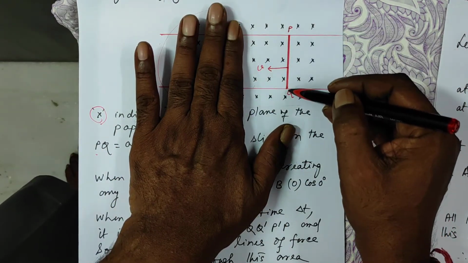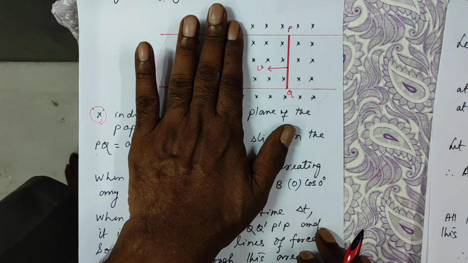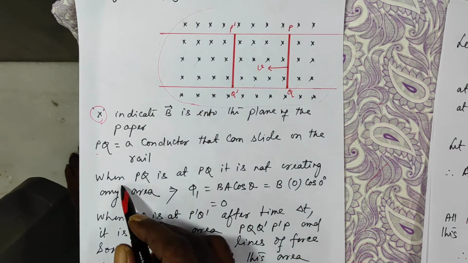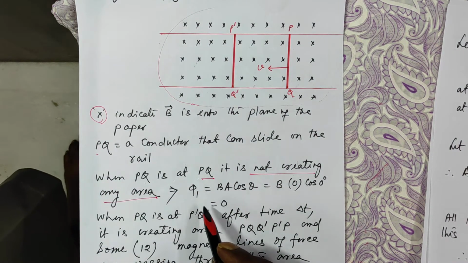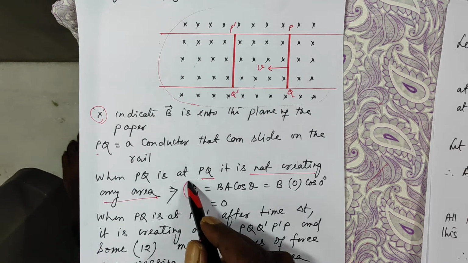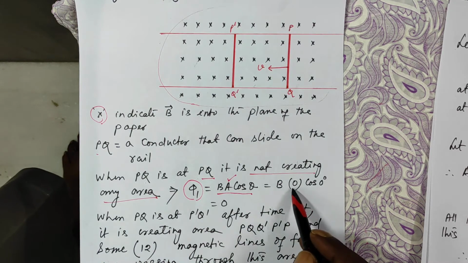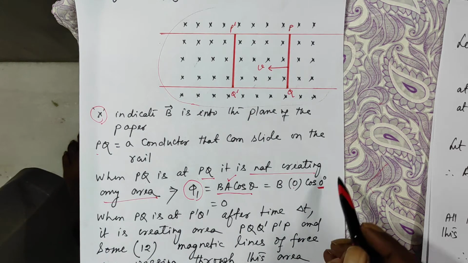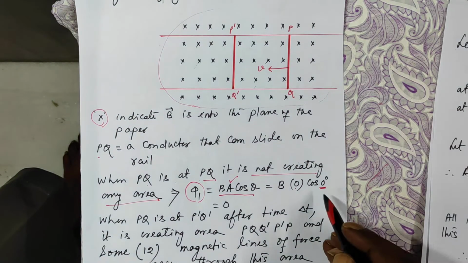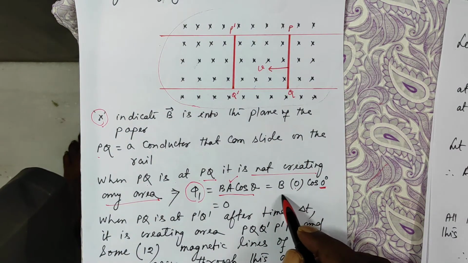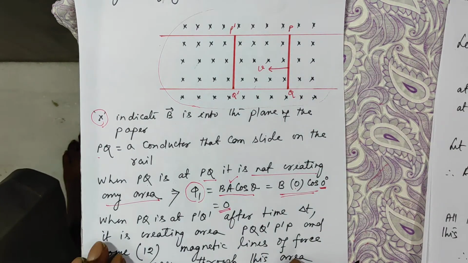When PQ is here, no lines of force are passing through, because it is not creating any area. So the flux, let it be phi 1, is B A cos theta, where A is equal to 0, and theta is 0 because magnetic field lines are into the plane. So the whole thing becomes 0. There is no flux when PQ is at PQ.